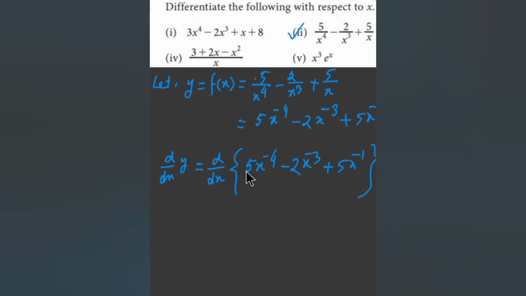So in this expression there are 3 portions, so this operator d/dx will apply in 3 portions: d/dx of 5x to the power minus 4, minus d/dx of 2x to the power minus 3, plus d/dx of 5x to the power minus 1.